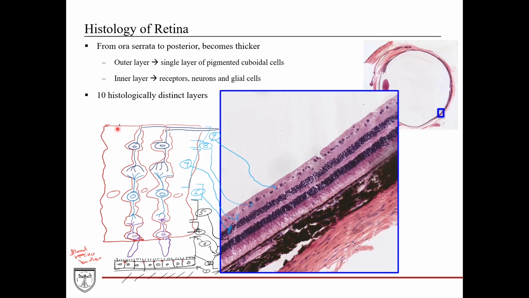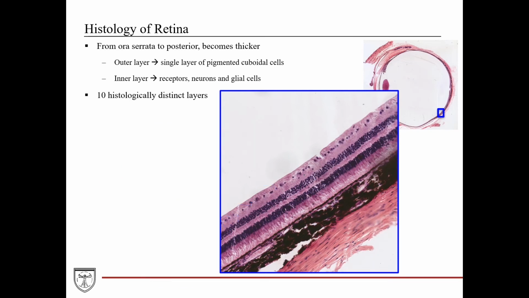As you can see from the diagram, this is a layer of the axons of the ganglion cells that are all coalescing and traveling together. So this number 9 layer is known as the axon fiber layer, coming from the ganglion cells. And finally, here's number 10, indicated by the innermost aspect of the Mueller cells. The name of this layer is the inner limiting membrane. So these are the 10 layers of the retina.